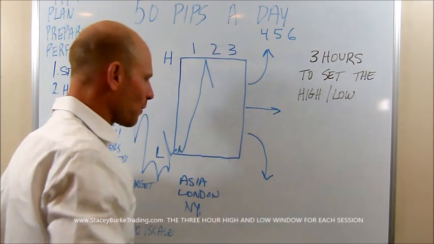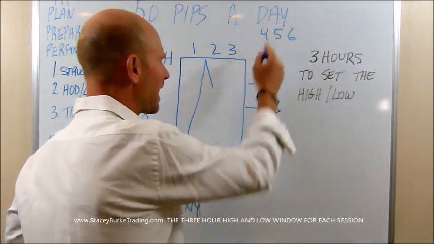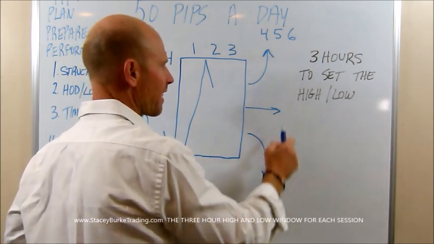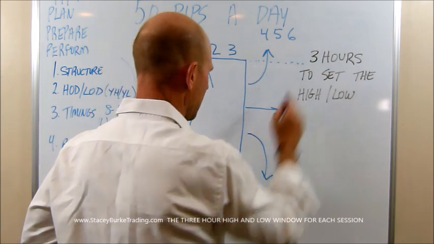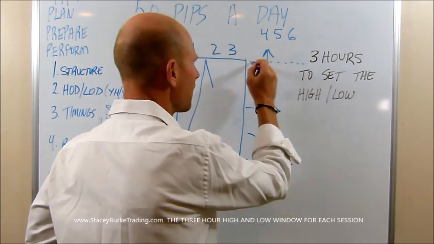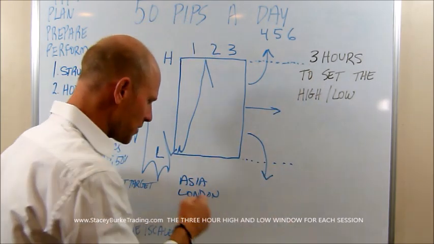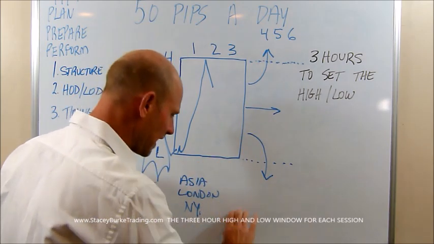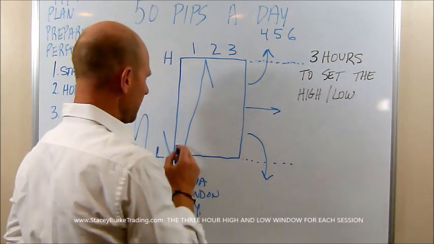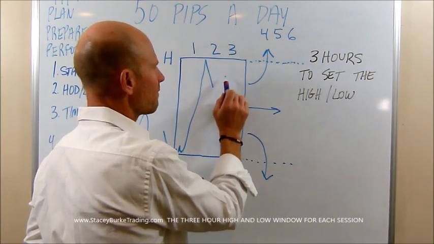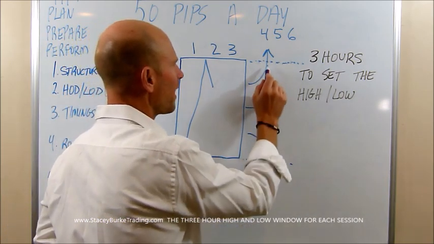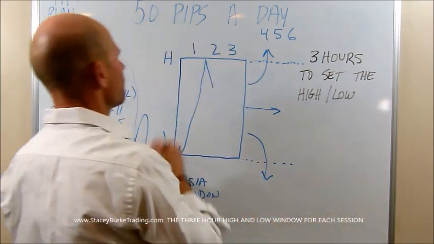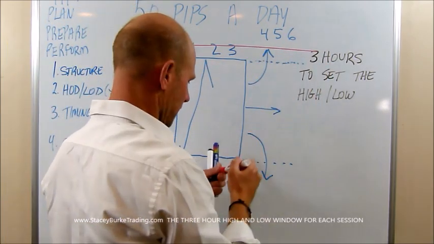After that first 3-hour window, everything else that happens will either be going higher, going lower, or staying inside of that high and low. And so what this information can tell us about the first 3 hours, whether that's Asia, London, or New York, and you'll see over the course of the day how these start to fit together, is that if they give us a high and a low, from this point, if they work it higher and we're near numbers, we have two scenarios that can occur.